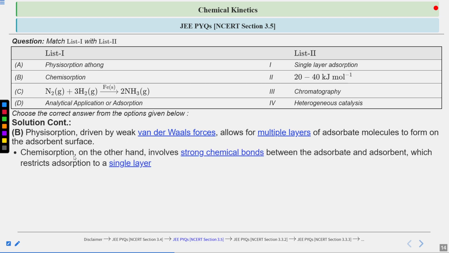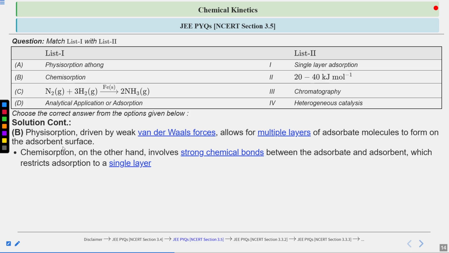Meanwhile, the chemisorption process, on the other hand, involves strong chemical bonds between the adsorbate and adsorbent, which restricts the adsorption to a single layer. In chemisorption, as the name says, chemi means something chemical is happening, a reaction is happening.